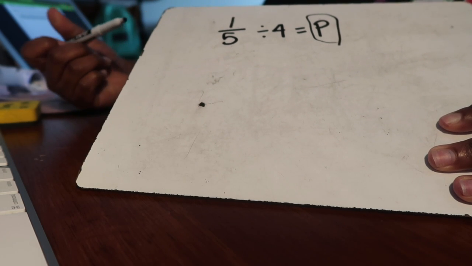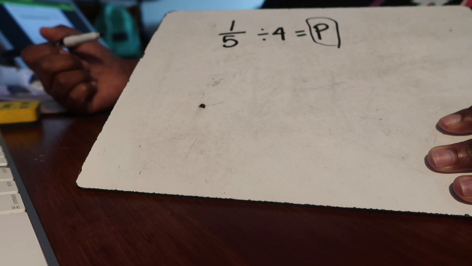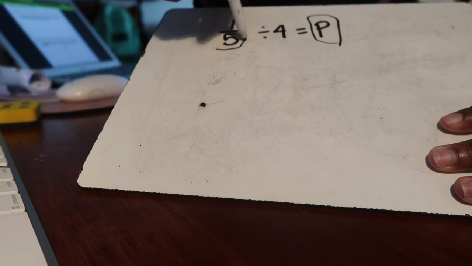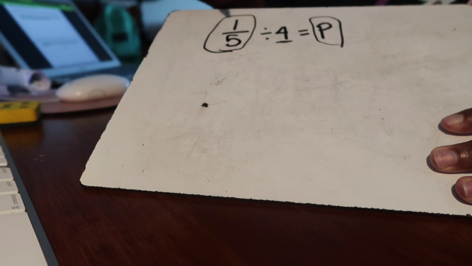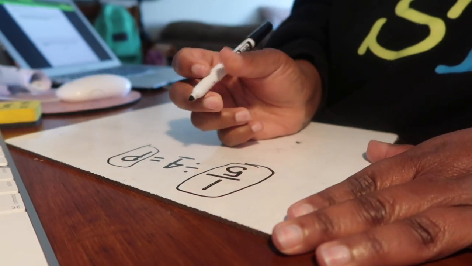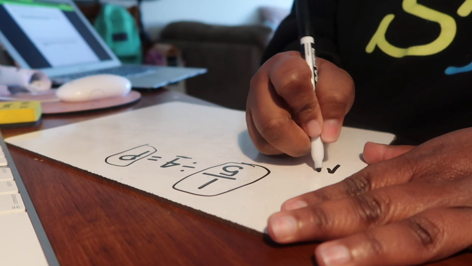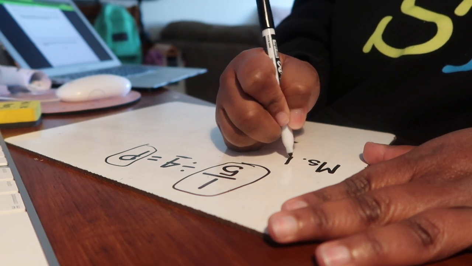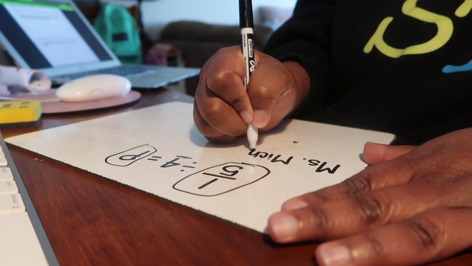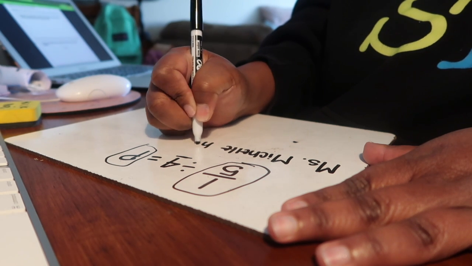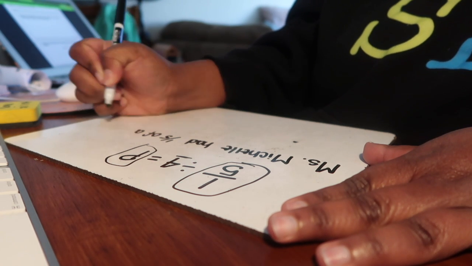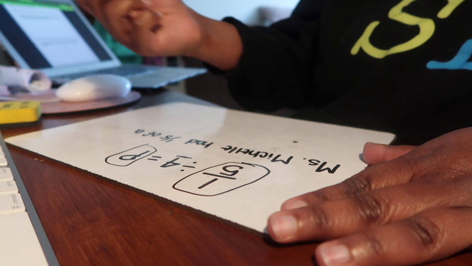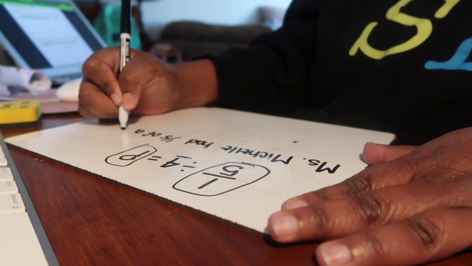So first of all, we're going to create a word problem. Remember, the fraction always tells us the part that the person has, and the whole number is telling us how many ways that part is going to be divided. So let's say Miss Michelle had 1/5 of a pie.